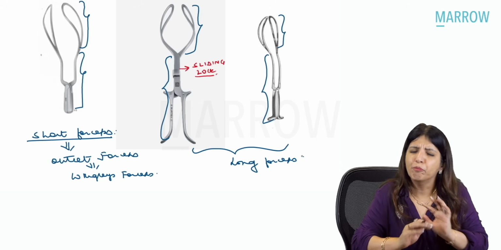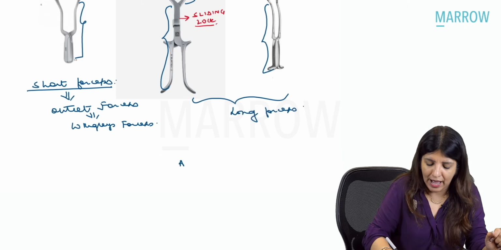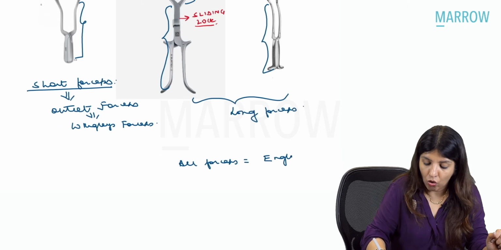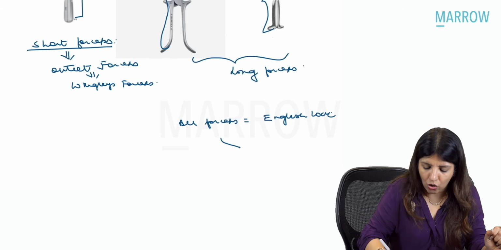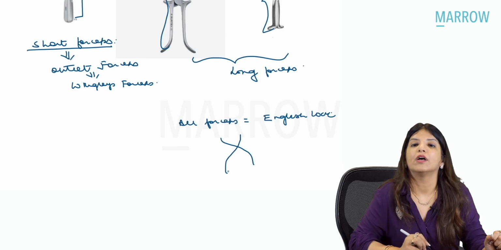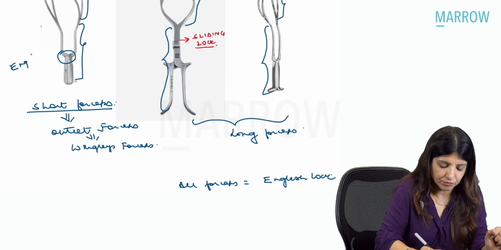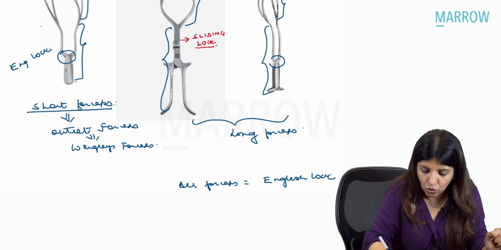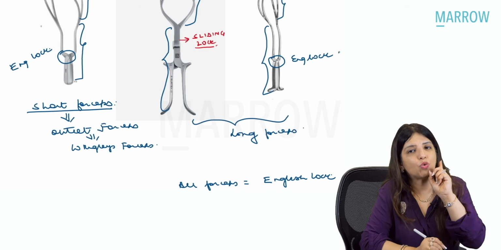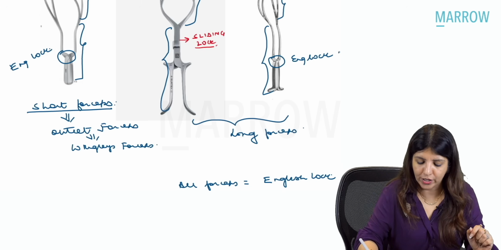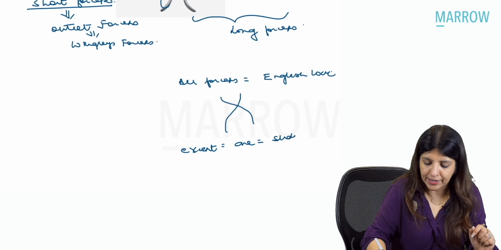Now, please remember, all the forceps which you are going to study will have English lock. English lock is a lock like this. Right? So, this over here is English lock. There is only one forceps which is going to have a sliding lock.